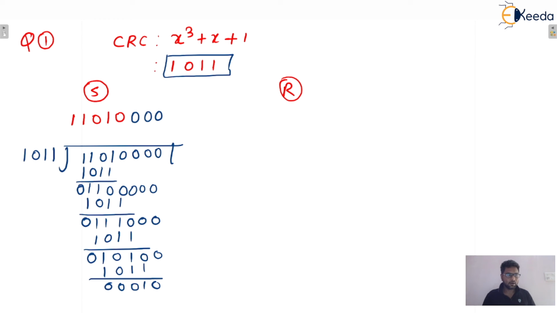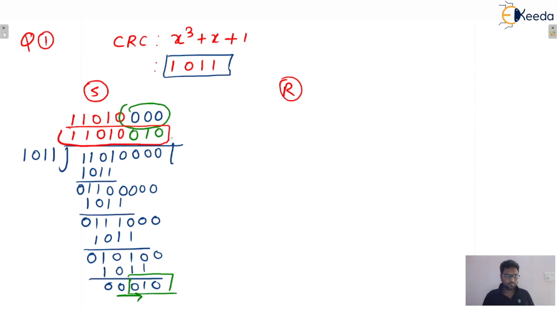Now we can stop, because from the leading one, 4 bits are not available. The CRC generator is of 4 bits, so 4 bits are required. So take n minus 1 bits from the LSB. The generator is of 4 bits, so take 3 LSB bits: 0 1 0. Instead of the 0 0 0, this CRC 0 1 0 will be appended.